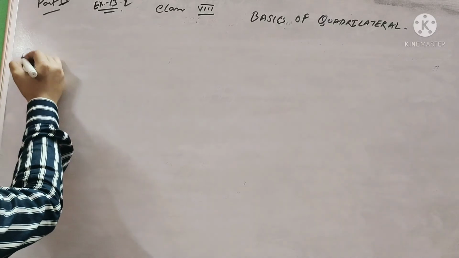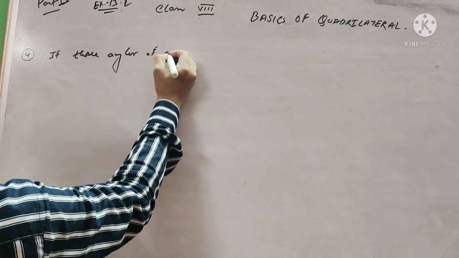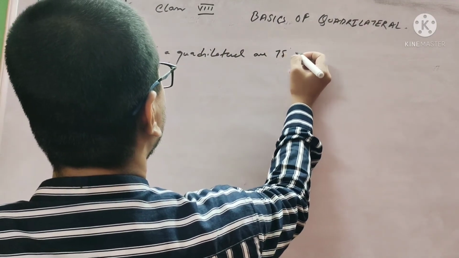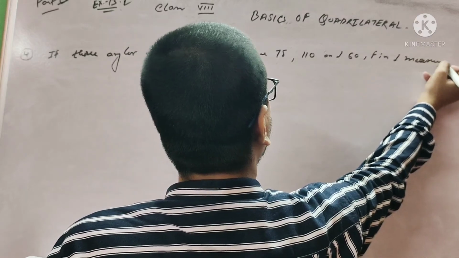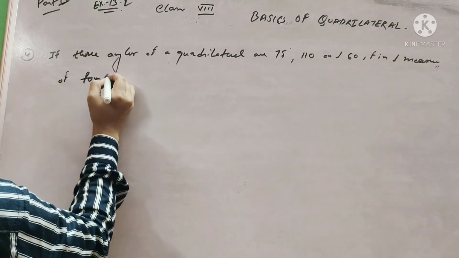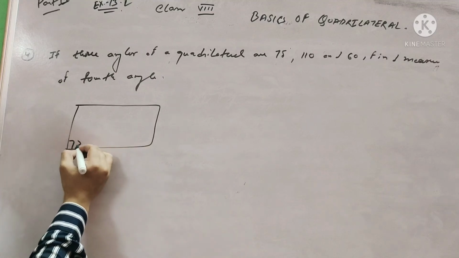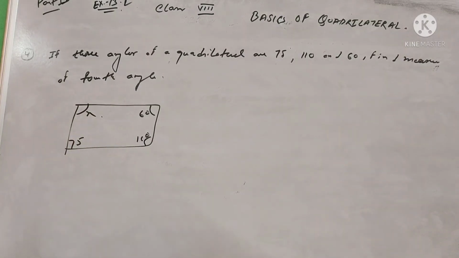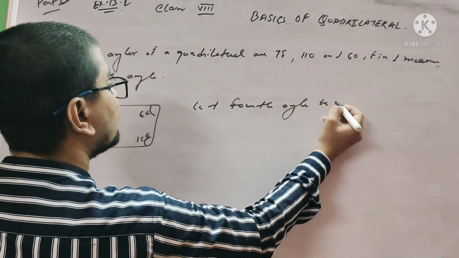Question number 4. If three angles of a quadrilateral are 75, 110 and 60, find the measure of the fourth angle. Let the fourth angle be x.